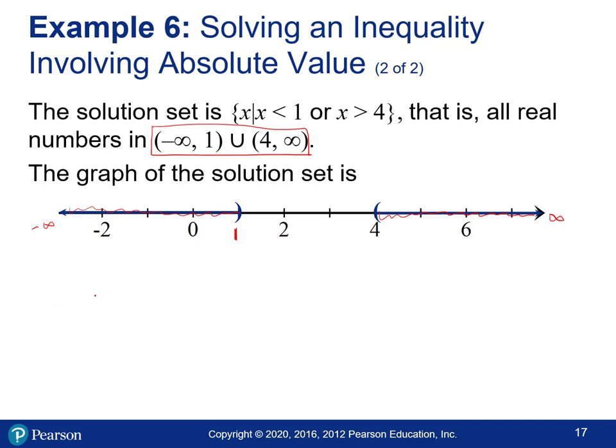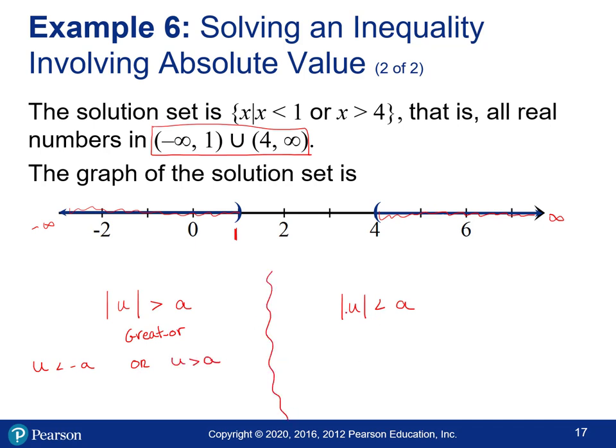Someone taught me this a while back and it kind of stuck with me, so I just want to share it with you all. It might help you a little bit. So if you had the absolute value of u is greater than a, and then the absolute value of u is less than a, what they told me, and when I read this out loud, I said greater than. They said to say greater, but greater, because this is the or situation. This one is going to split into u is less than -a or u is greater than +a.